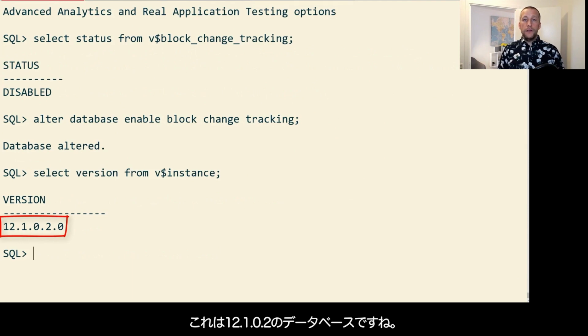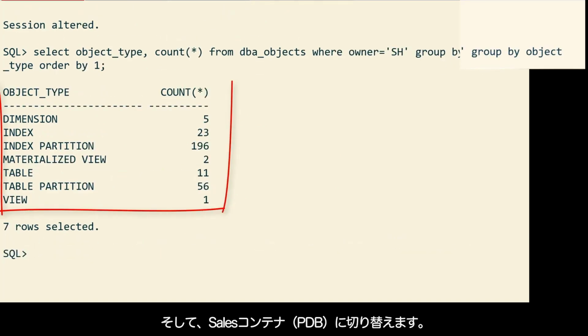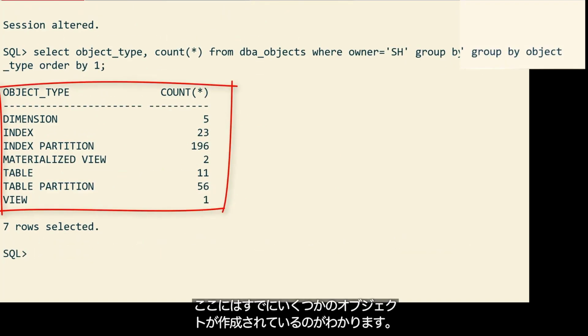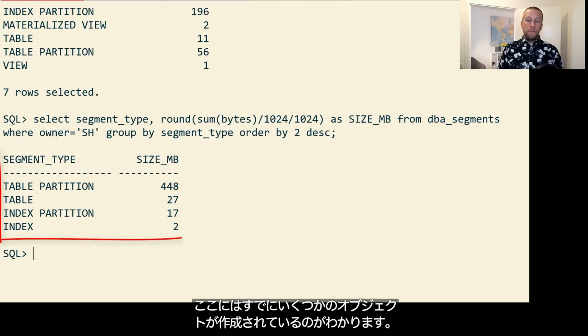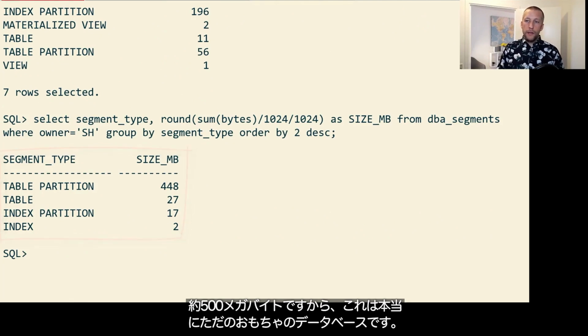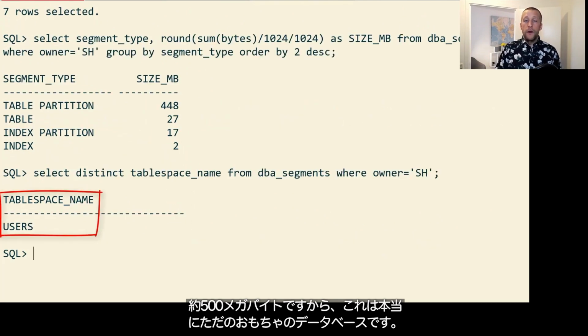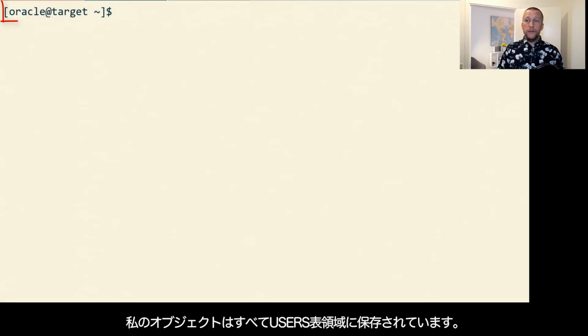I can see here this is a 12.1.0.2 database. And I switch into my sales container. This is a PDB. And I can see here that I have a number of objects created already, around 500 megabytes. So this is really just a toy database. All my objects are stored in the users tablespace.